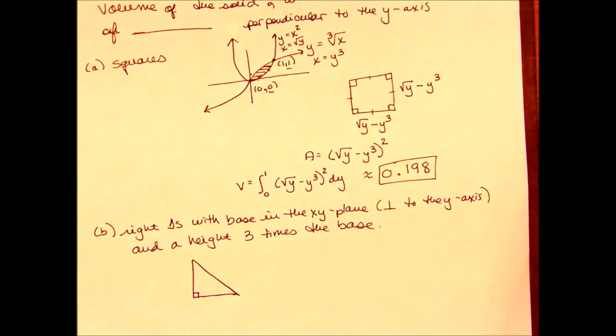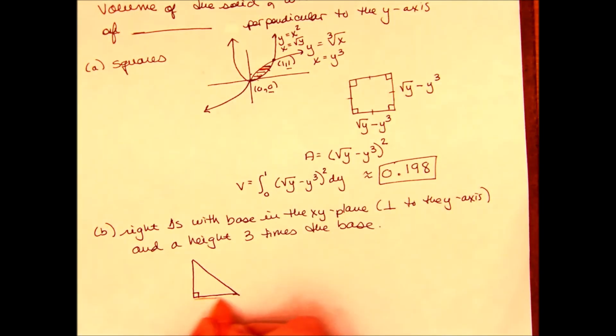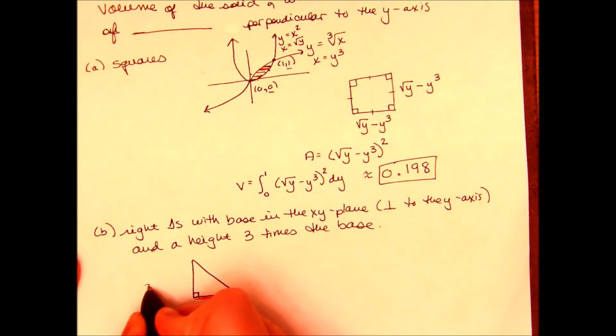One of those strips matches up with the base over here. I needed to do that right minus the left, still sticking with those functions of y. It's the same base I had in the last problem. I'm going to say the square root of y minus y cubed. And as for the height, it needs to be 3 times that thing.